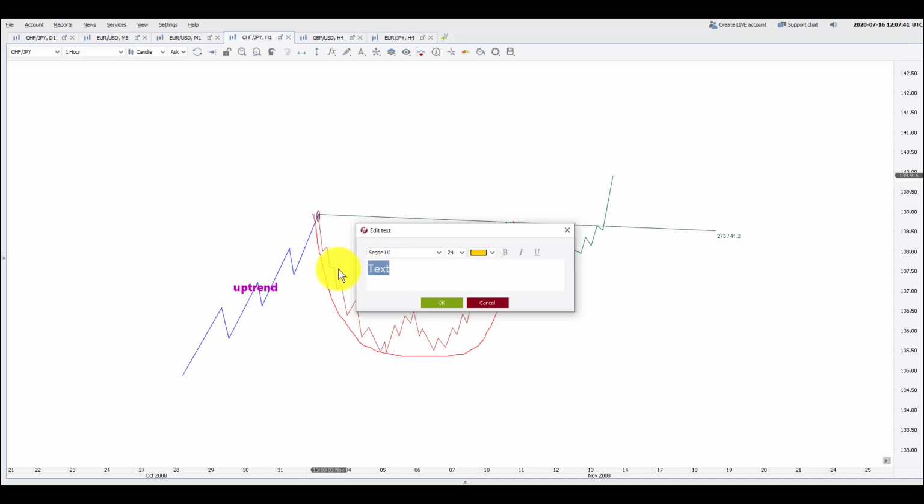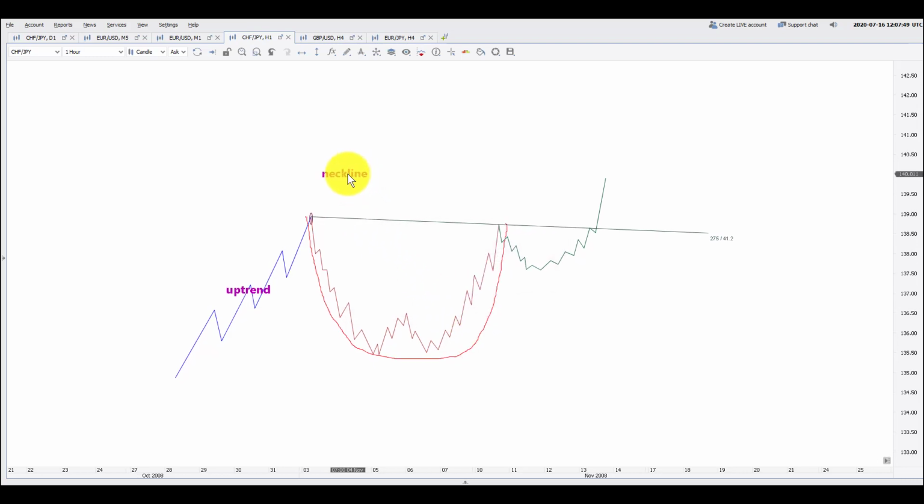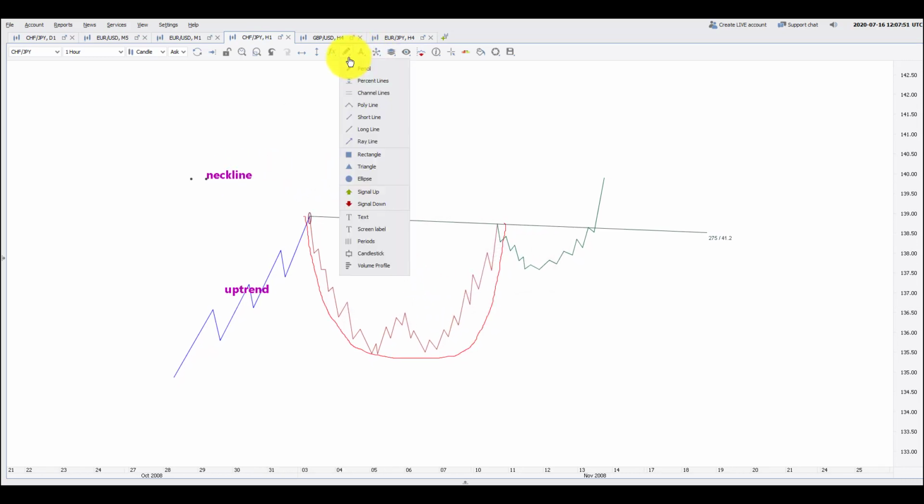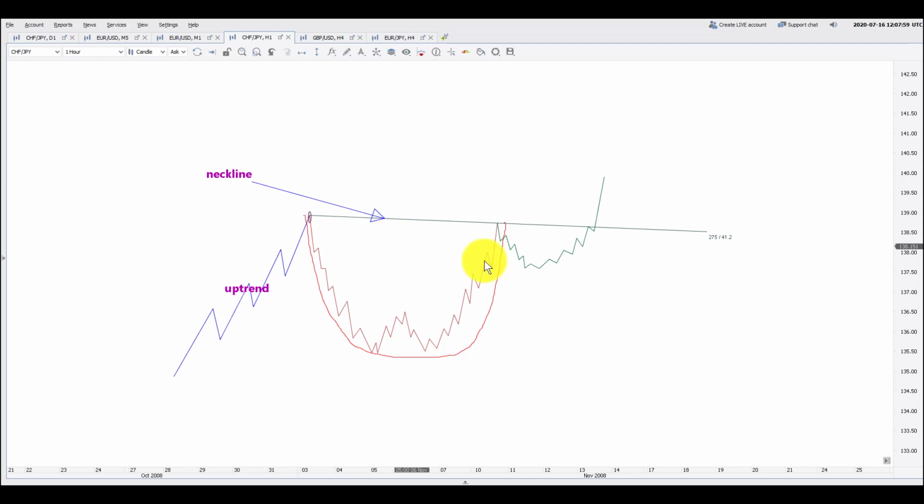We will call it a neckline. So this is our neckline. This was our uptrend.